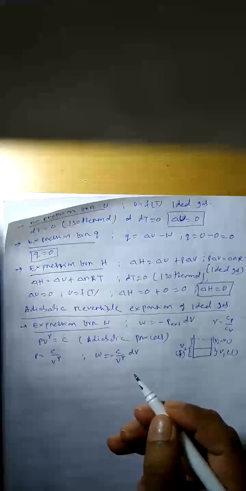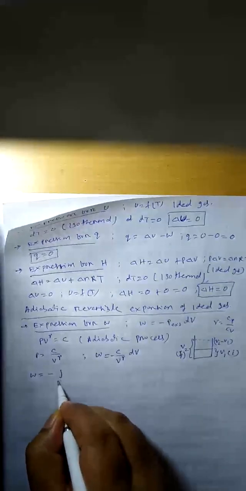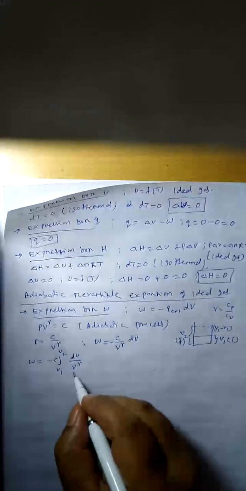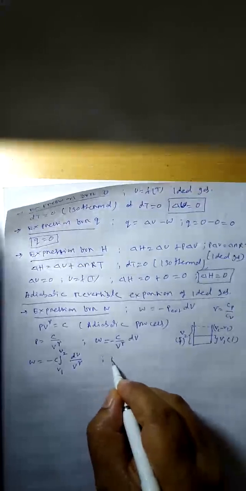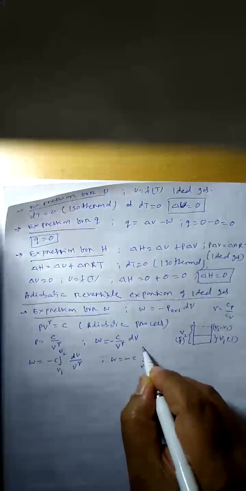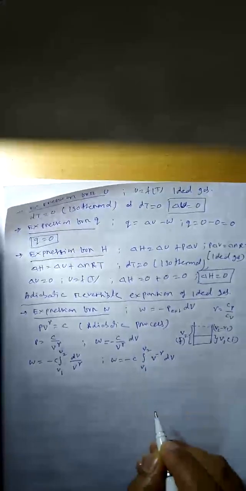Whatever the change in work, C is constant, so it comes outside the integration from V1 to V2. V to the power gamma goes upward, so W is equal to minus C integration V1 to V2 of V to the power minus gamma dV.